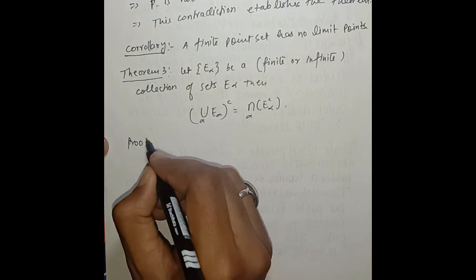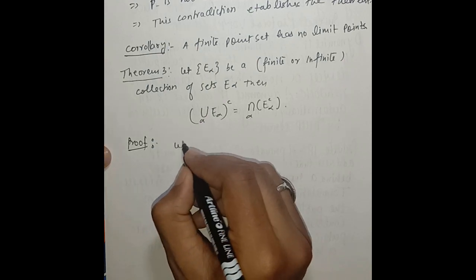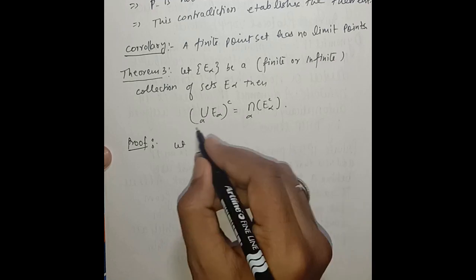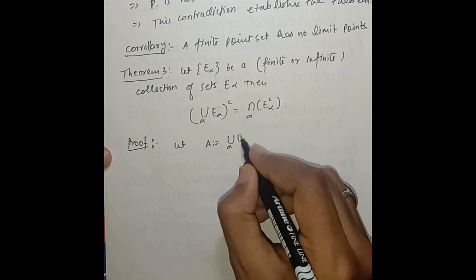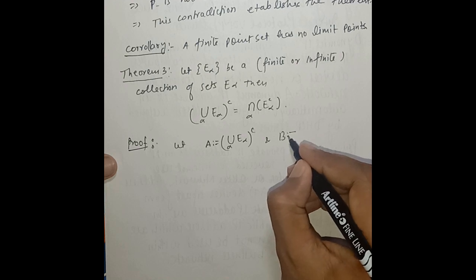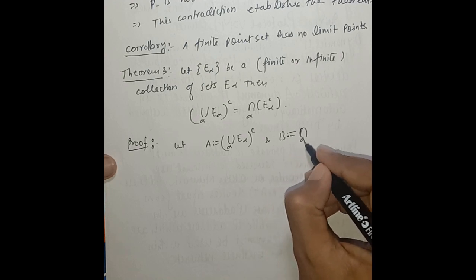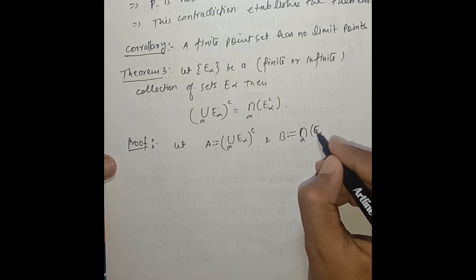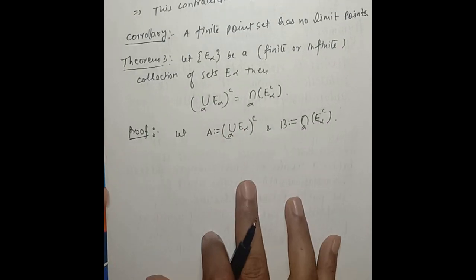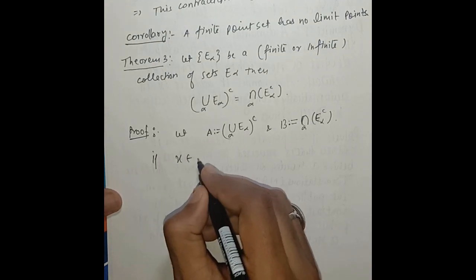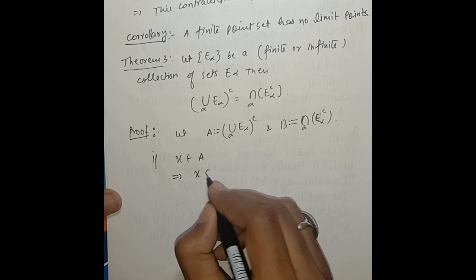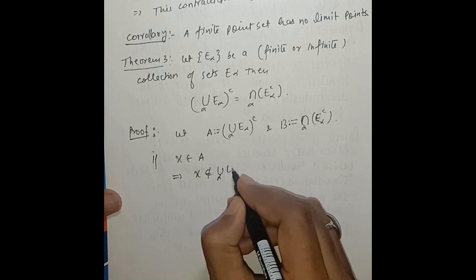Now the proof. For the sake of convenience in writing, we call the left hand side A, and the right hand side B. If x belongs to A, this implies x does not belong to the union of E alpha.